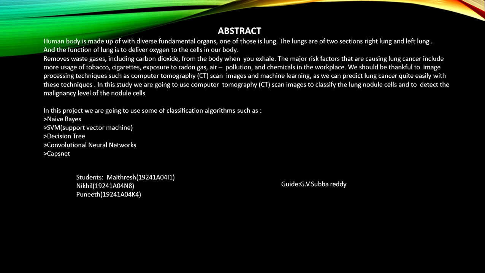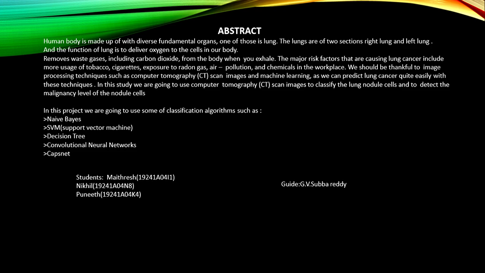The major risk factors causing lung cancer include heavy use of tobacco and cigarettes, exposure to radon gas, air pollution, and chemicals in the workplace. We should be thankful to image processing techniques such as CT scan images and machine learning, as we can predict lung cancer quite easily with these techniques.